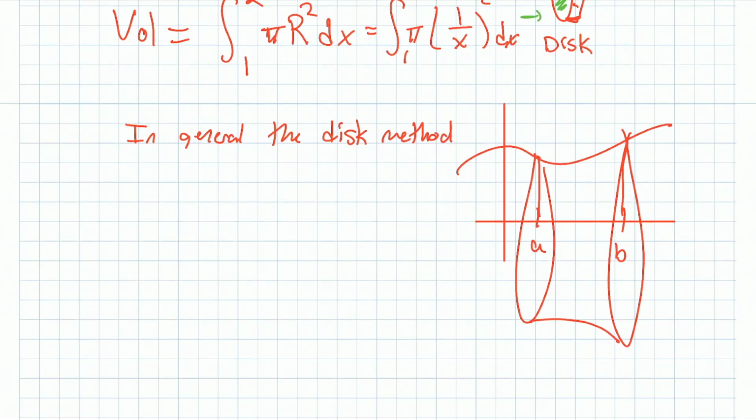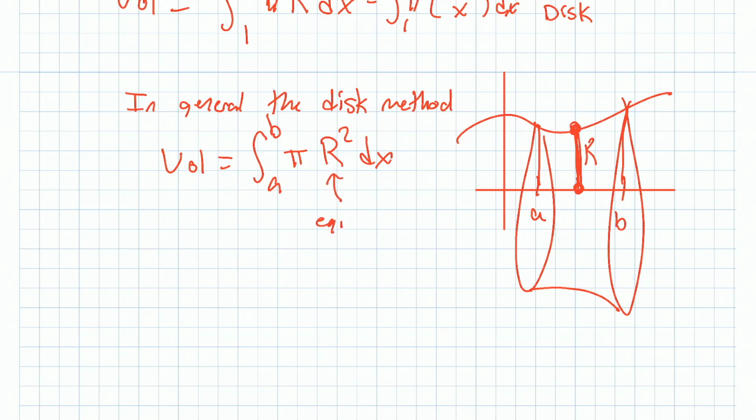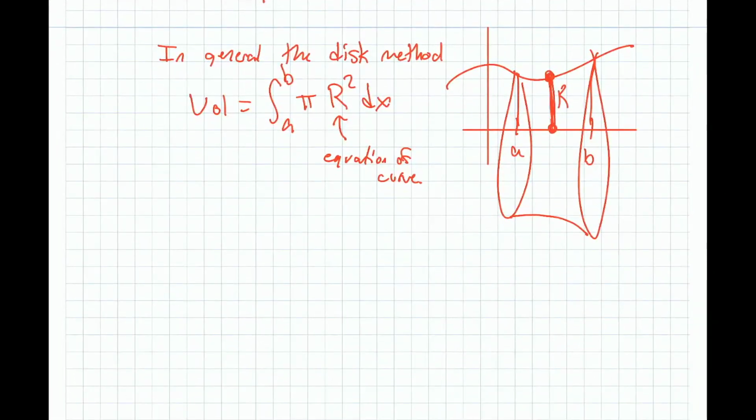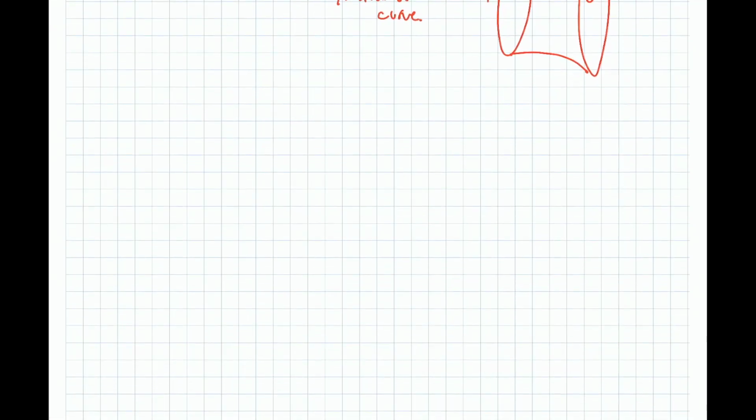So you rotate that around the axis, and you have an r here. Then the volume is the integral from a to b of pi r squared dx. And the r is generally just the equation of the curve. Okay, that's not a full-on explanation, but it's enough to do the problems that you're going to have to do. So let's do one, and then we'll know how to do it.